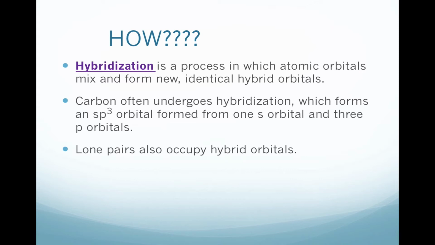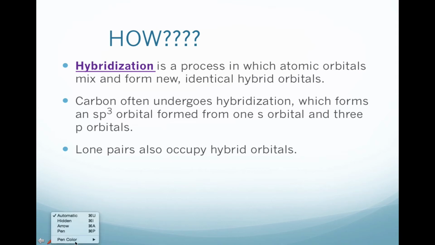A central atom, such as carbon, wants to covalently bond with other atoms, and it decides to hybridize, or mix, these different types of electron clouds so that we have one type of electron cloud for each bond.